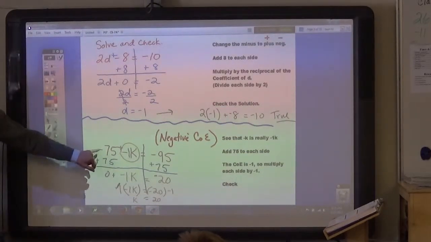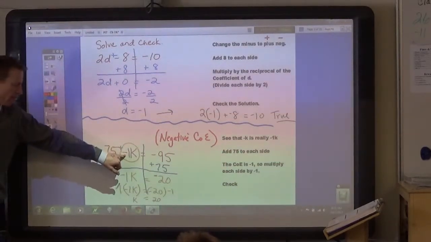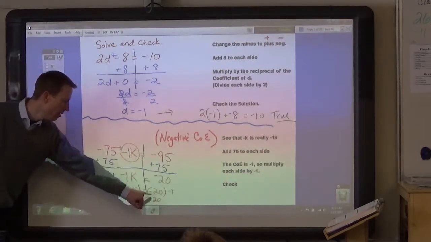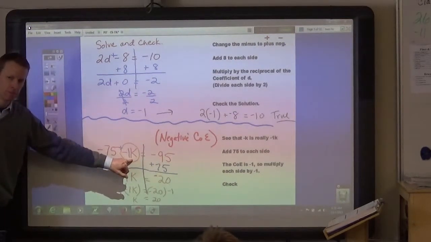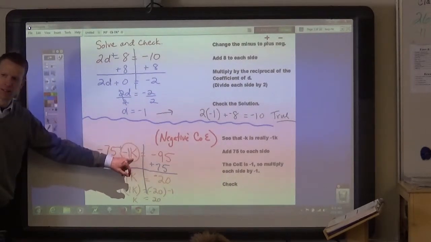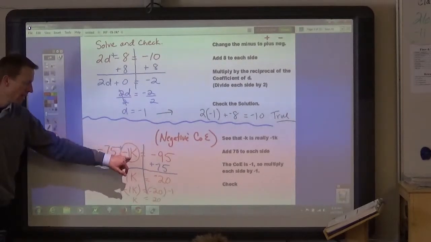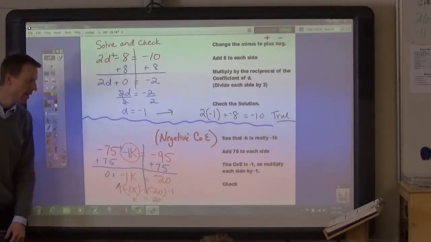Now that makes sense because -75 plus -20, if 20 goes right here, this would be -1 times 20, right? So -20. -75 plus -20 is -95.